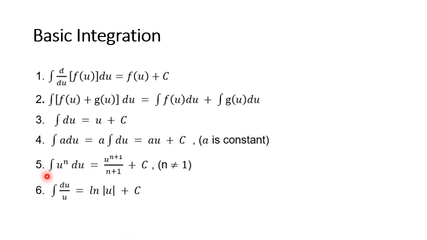Now for the fifth one, we have integration of u raised to n du is equal to u raised to n plus 1 all over n plus 1 plus c, where n should not be equal to negative 1, and this is the power rule of integration. Now here we have integration of du over u, which is equal to ln u plus c. So these are the basic integrations that we've tackled on the previous unit learning outcomes.